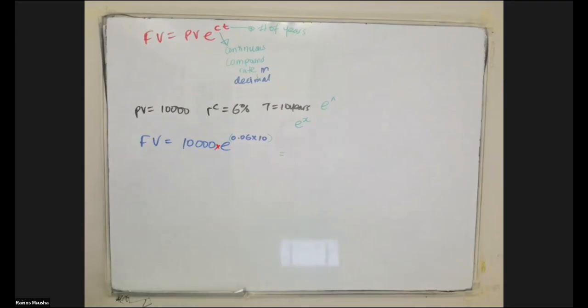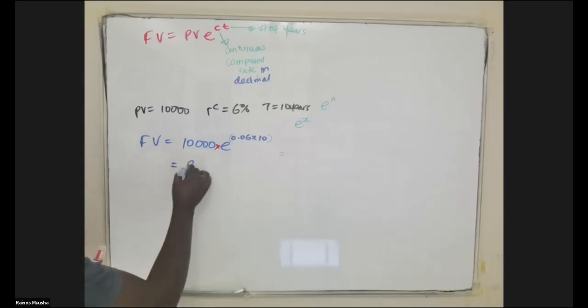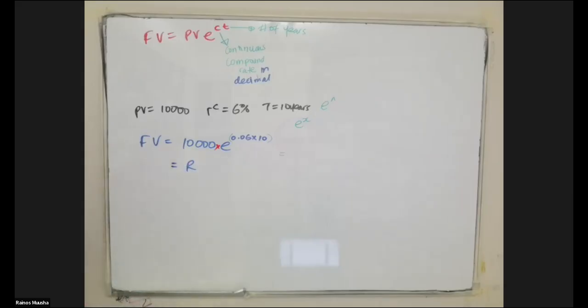And how much would you get as the future value in this case? Please repeat how you can do it.